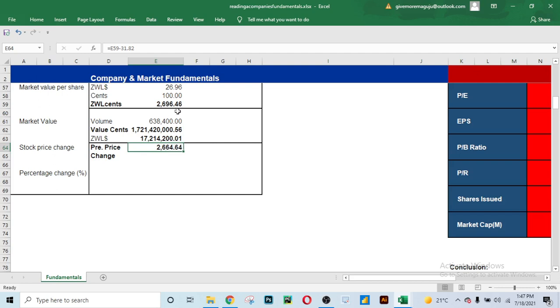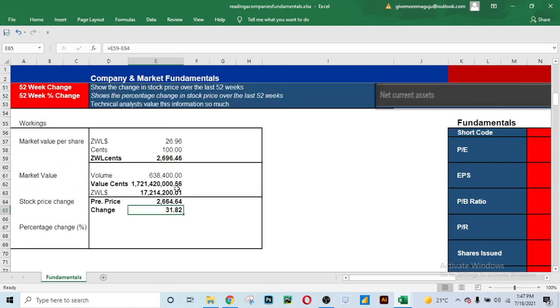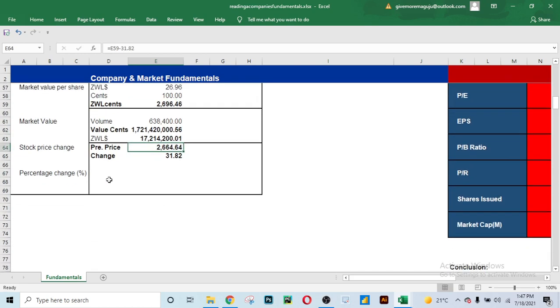And this one, when the market closed, was the closing price. So to calculate the price change, we say the ending price for today minus this for yesterday, and then we get the price change, which is the one that we subtracted from this to get this. So it's simple.